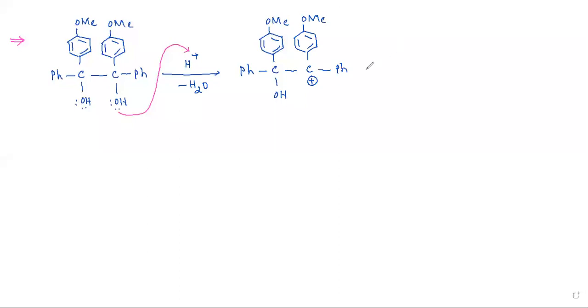Now the interesting part. Now, what is to be shifted? You got two options, a phenyl group and a para-anisyl group. Now, anyway, you are going towards a positive charge. I mean, towards something which is electrophilic.